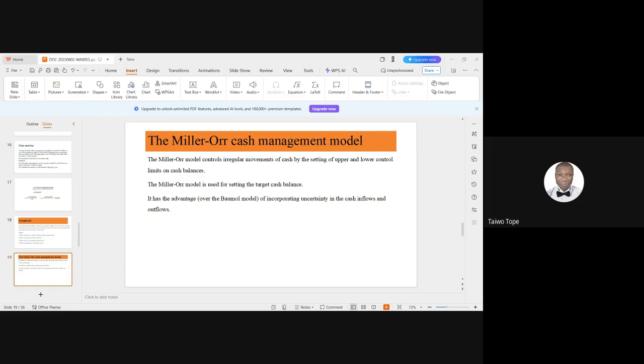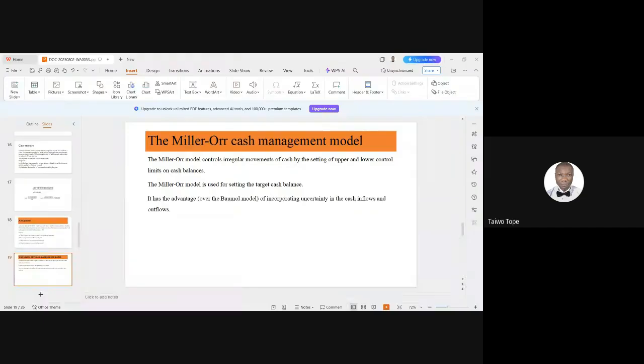Invest your cash, tie it into investment, because you have too much now. But when you are going below the lower limit, showing that you don't have cash again, you sell your investments to get cash.